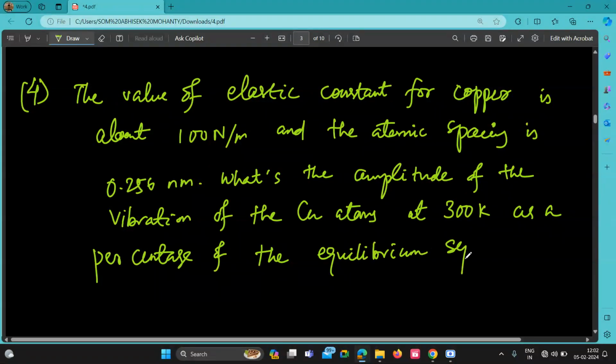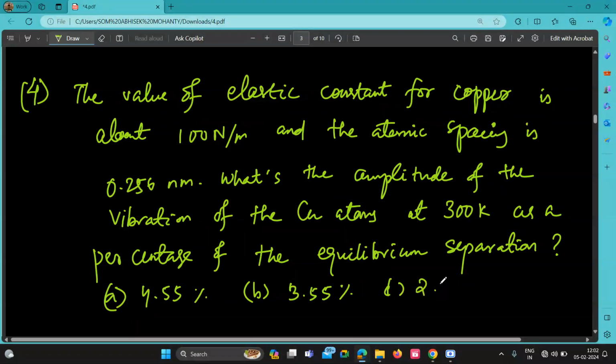Okay, options: A, 4.55%. Option B, 3.55%. Option C, 2.55%. And option D, 1.55%. Okay, so this came in JEST 2014.